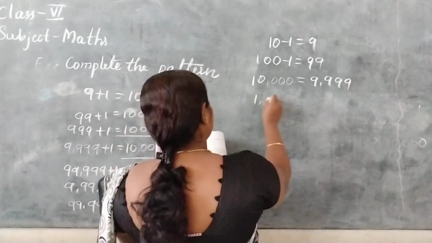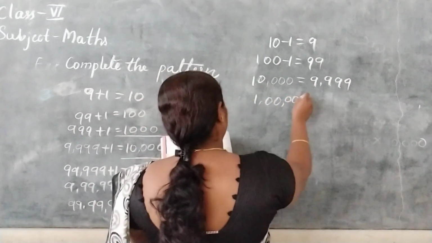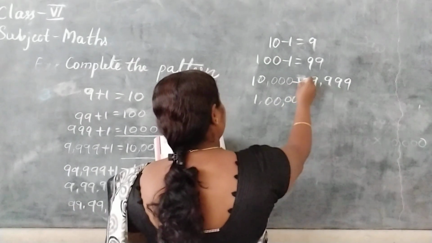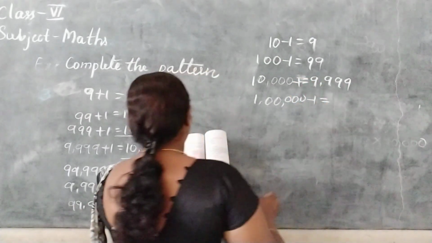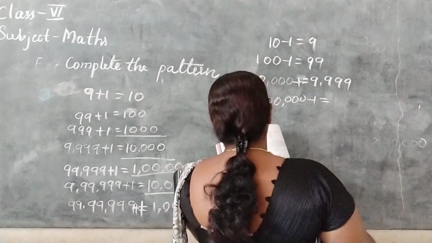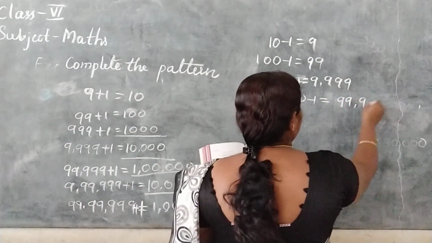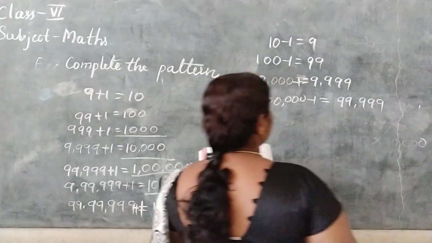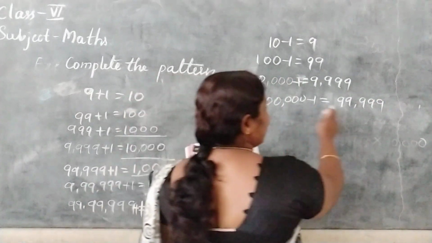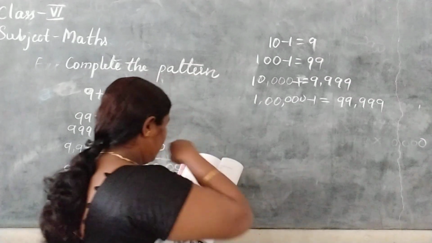Next, what is 1 lakh minus 1? 1 lakh minus 1 will be 99,999. So this will be 6-digit and this will be 5-digit.